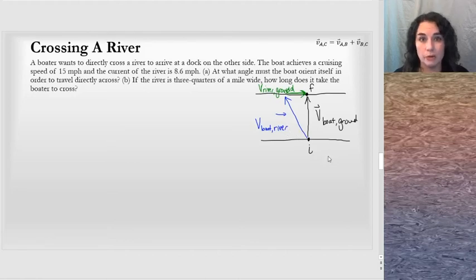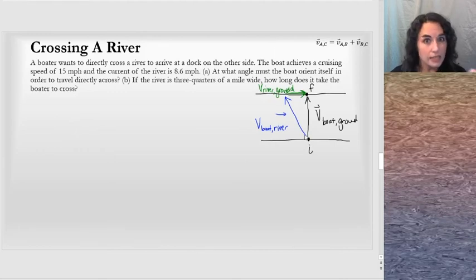And this will seem weird. I'll give you a moment to think about this. We can think about it together. While the boat is crossing the river, the whole entire time, the boat won't travel this and travel that. That's not what happens. The boat does not travel those two vectors. The boat goes straight across.